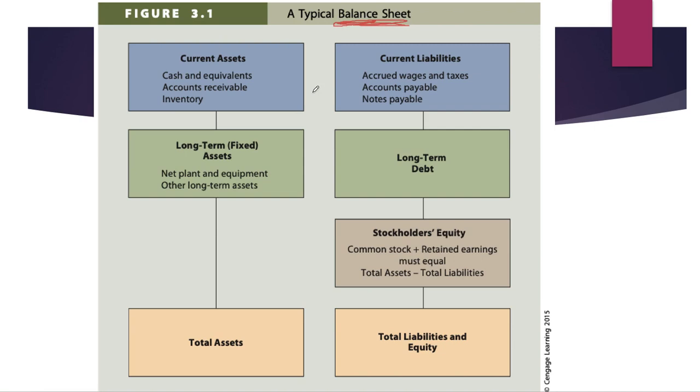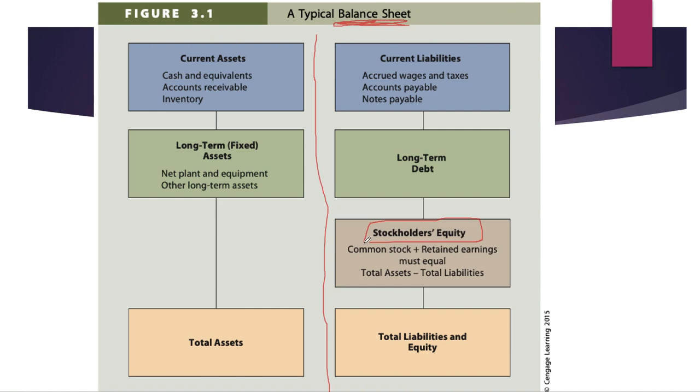On a balance sheet, we have assets and liabilities as two columns. We can separate them. On the left side, we will have the assets. On the right-hand side, we will have the liabilities and the stockholders' equity. This is the stockholders' equity item.